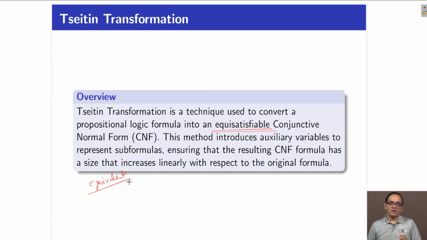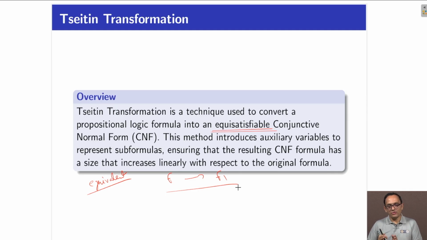Equivalent means for all possible inputs, the original formula, say f, and the converted formula, say f1, will evaluate to the same truth value, right. So, if you give interpretation I1, if the formula f becomes true, f1 will also become true. For another interpretation, say I2, if f becomes false, f1 will also become false, and so on, right.